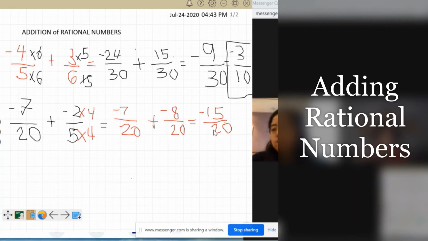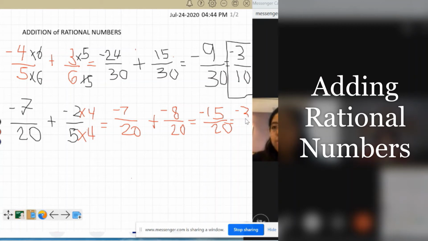Because we can still simplify 15 over 20 by dividing both by what number? 5. So when we divide this by 5, it will give us the final answer, negative 3 over 4, or negative 3/4. And that is the final answer.